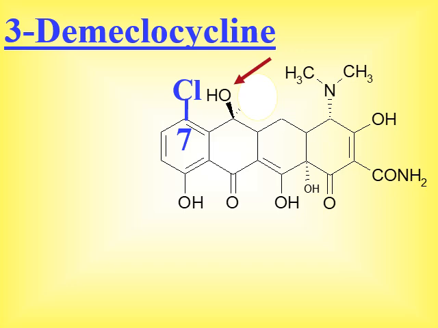So this compound is more stable to acid and bases than tetracycline and chlortetracycline, because the hydroxyl group here at position number 6 is a secondary alcohol and not a tertiary alcohol.